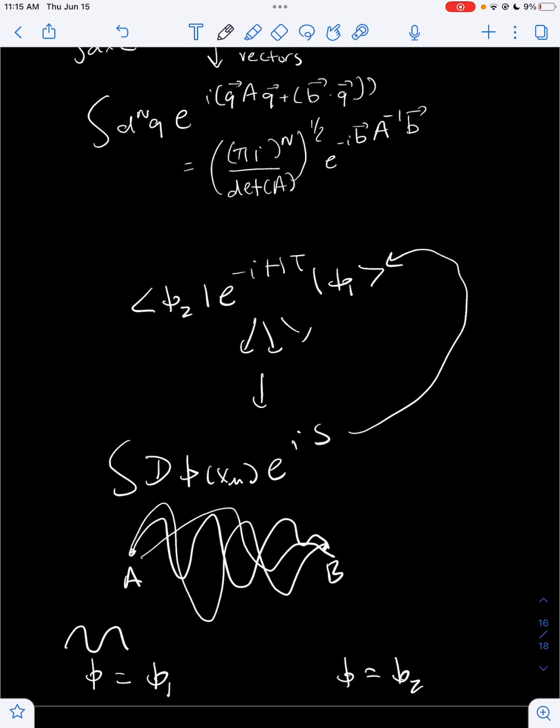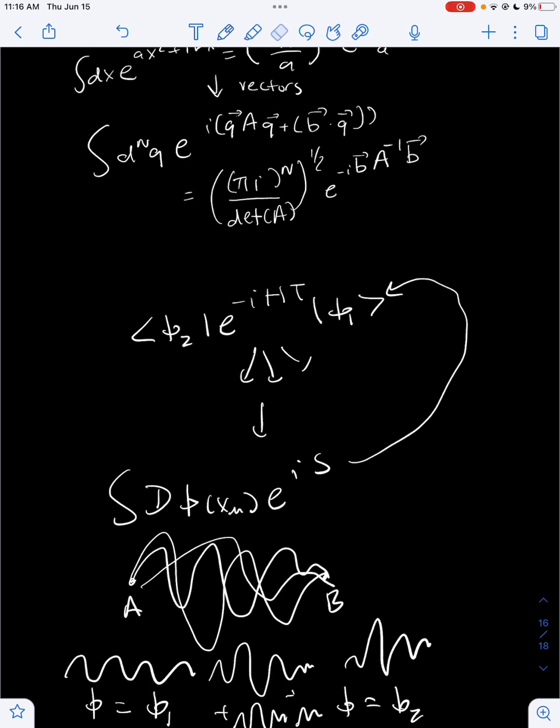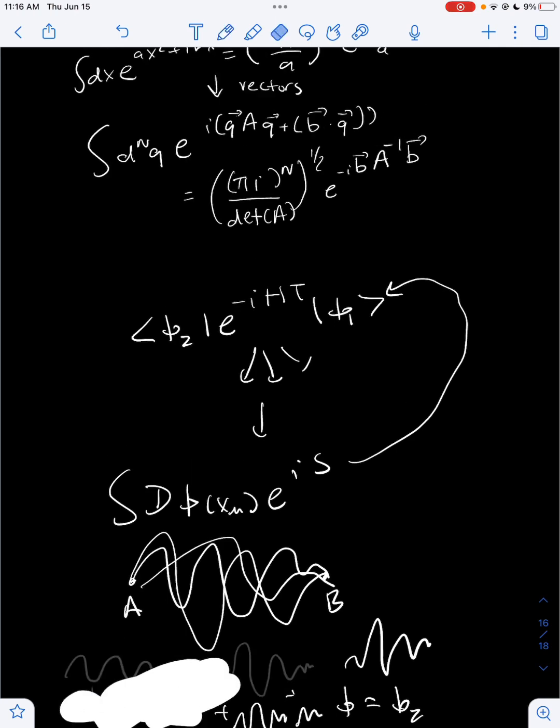So let's say here's the field at phi1, here's the field at phi2, and we look at all the possible evolutions between phi1 and phi2, and we just sum them all together. So the fields become the paths in a way.